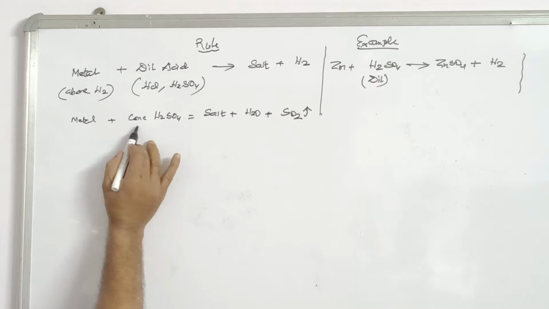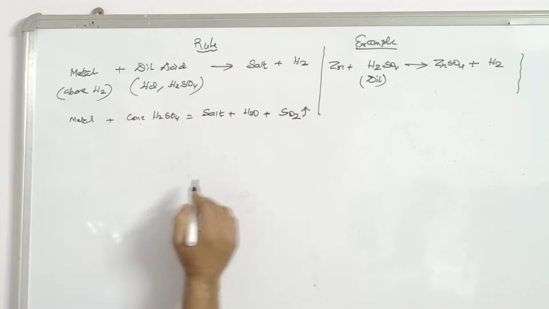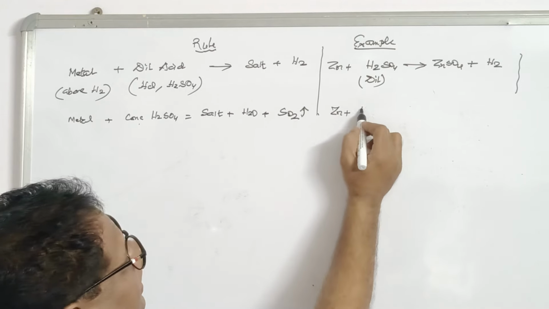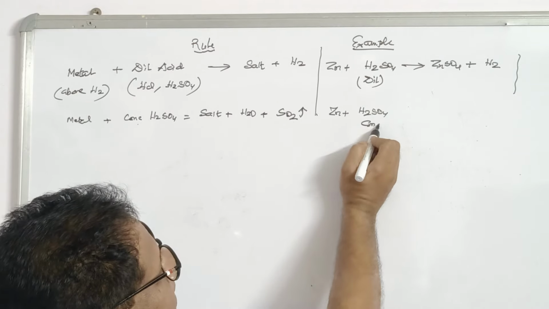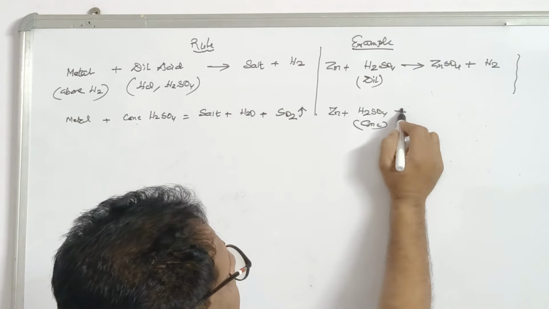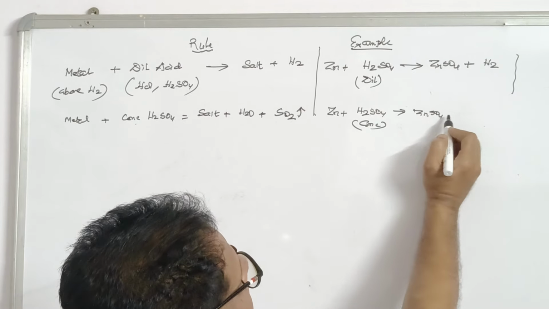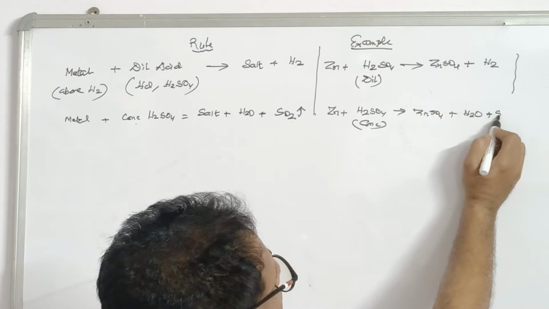Just by changing the concentration of the acid from dilute to concentrated, the equation is totally different. Now when you react this with concentrated sulfuric acid, it forms salt, zinc sulfate plus water plus SO2.